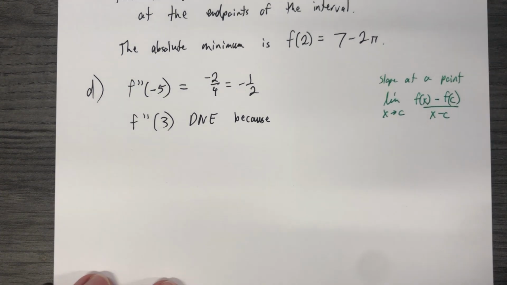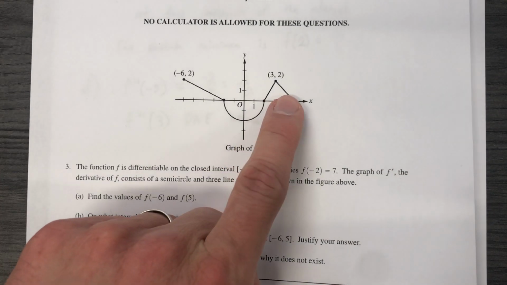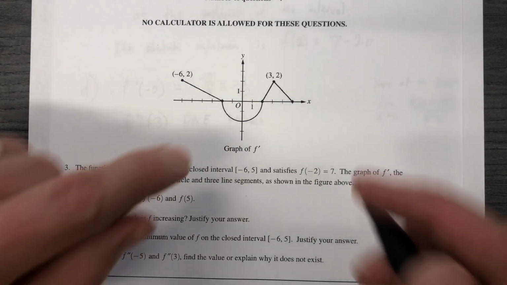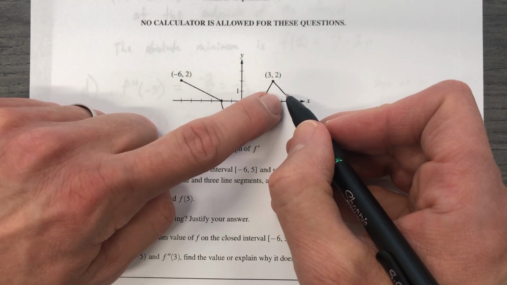Okay? Well, if I want the slope at a point, but it's where 2 lines, or 2 different functions, meet in this case, then we're going to have to find the slope from this side and the slope from this side.